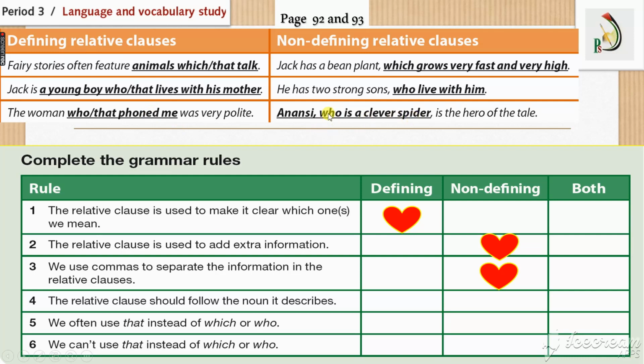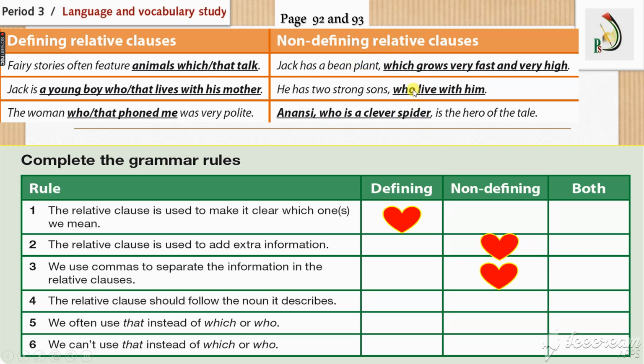Now, the question is which clause talks about the noun? If you focus, the question is asking you which relative clause talks about the noun. Both of them. See, here Jack has a bean plant which grows very fast. So which refers to the plant.